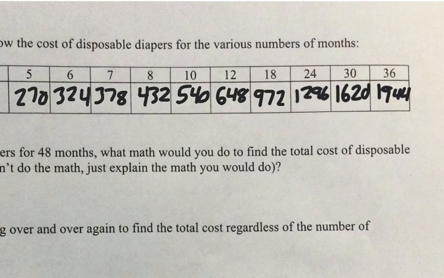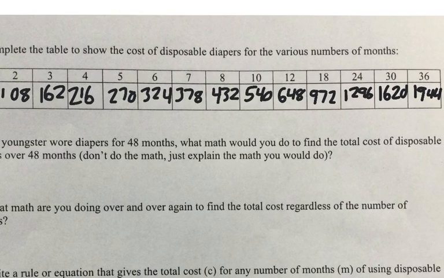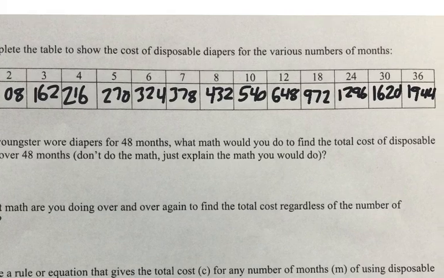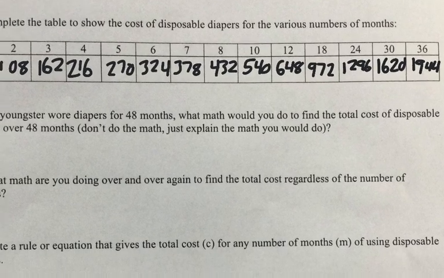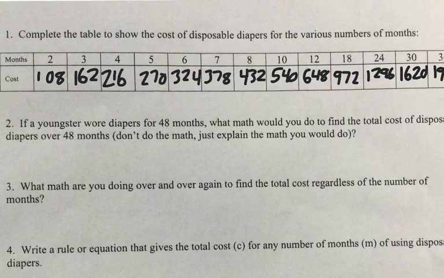Any questions about filling out this table? Where we got this from? Okay, let's look at the next question. If a youngster wore diapers for 48 months, what math would you do to find the total cost of disposable diapers over 48 months? Don't do the math, we just want to explain it.